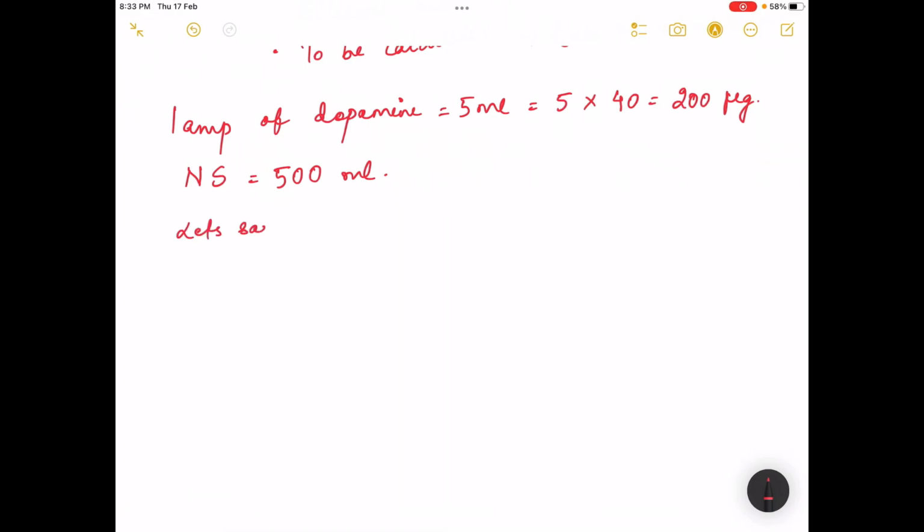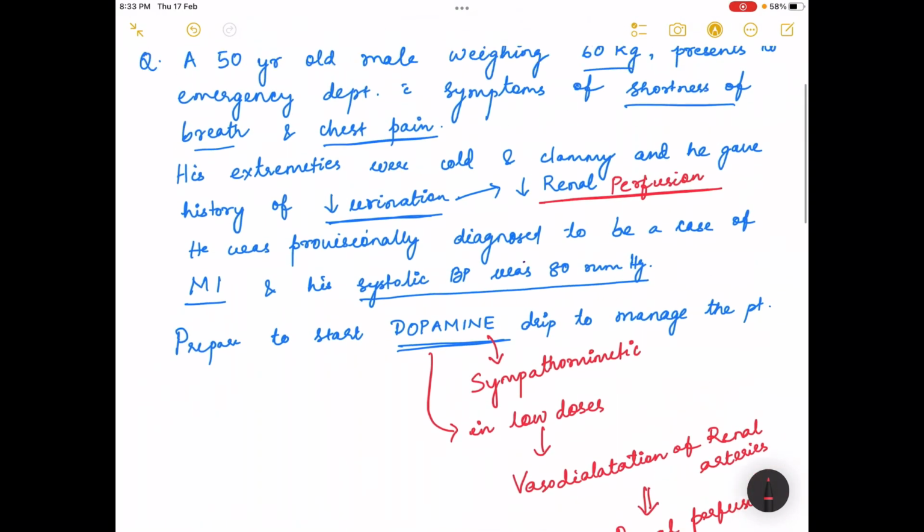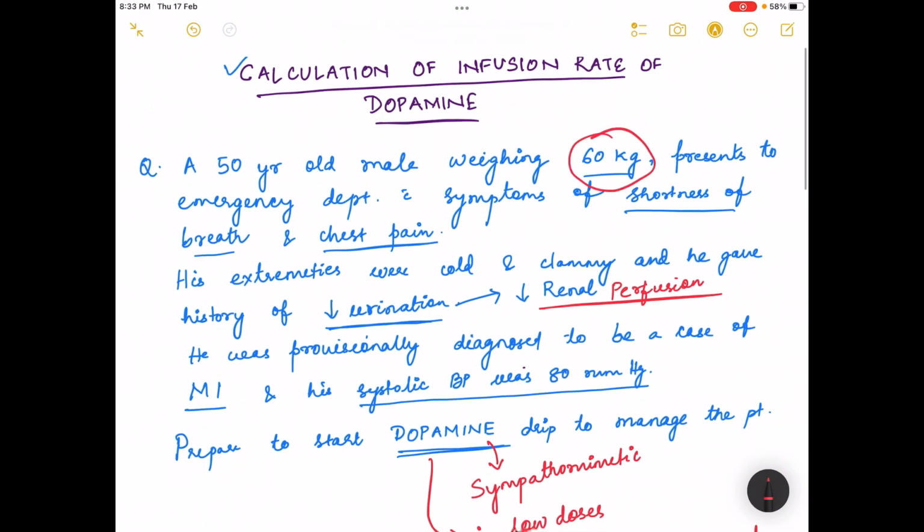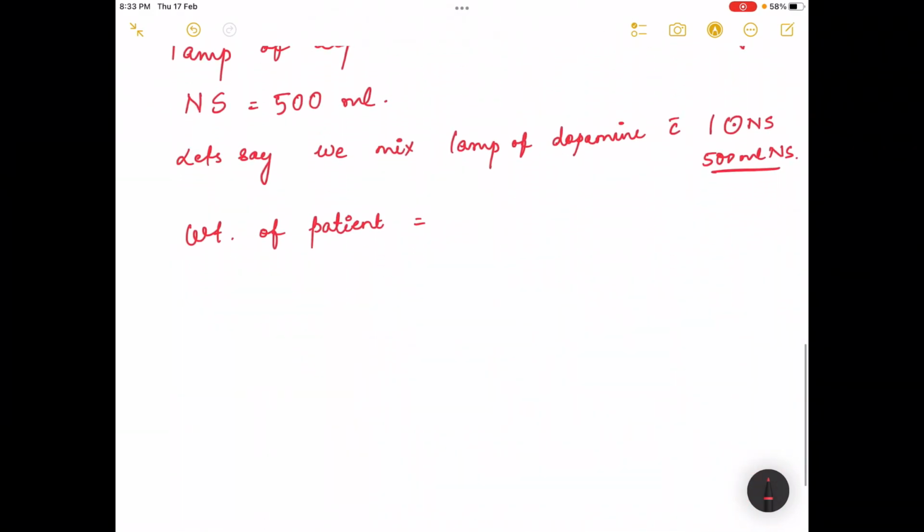So let's say we mix 1 ampule of dopamine with 1 pint NS, or 500 ml NS. Okay, so we know the weight of the patient. What is the weight that is given? The weight of the patient is 60 kg. Dose required is 5 microgram per kg per minute.